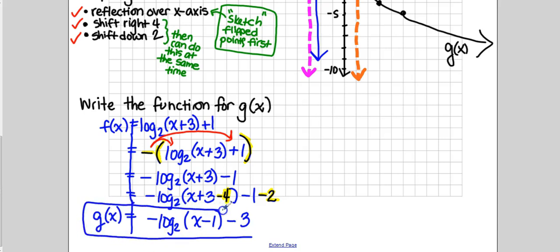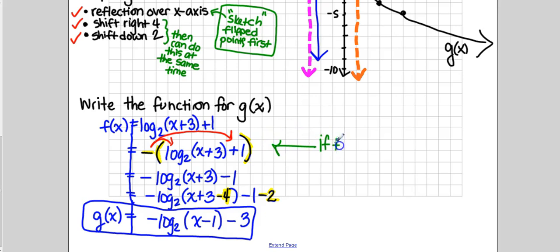And we have successfully found g of x. So before we wrap up this example, let's just put a couple notes. If there's a reflection, do that first.